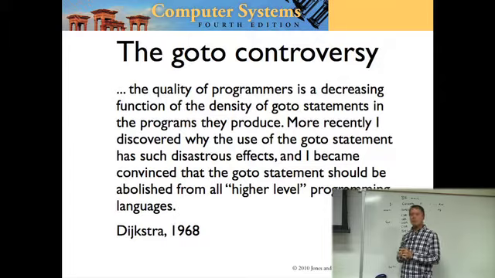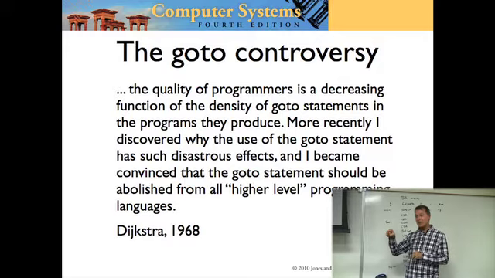If you make it structured, what might you sacrifice? Efficiency, performance. You might be able with a go-to to write a program that executes faster than if you don't. So a lot of the controversy back then was over performance issues.